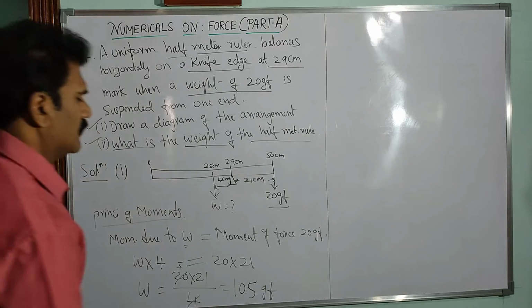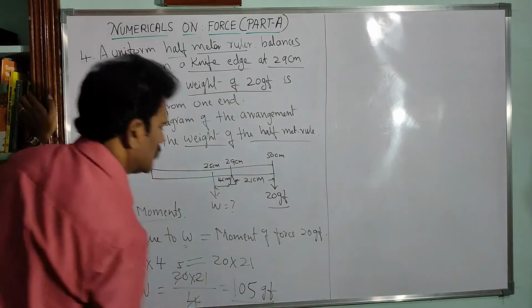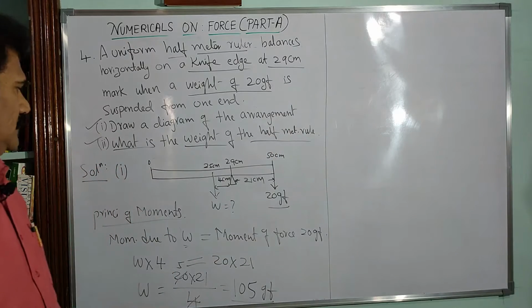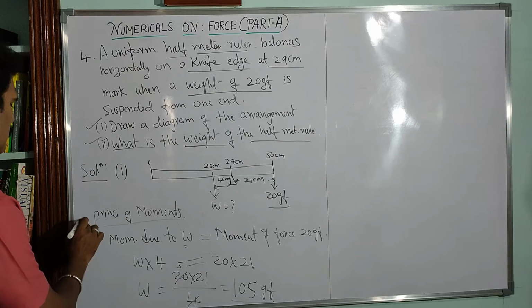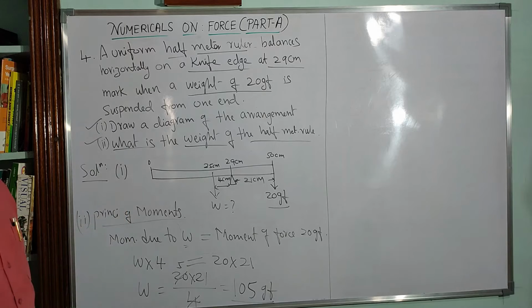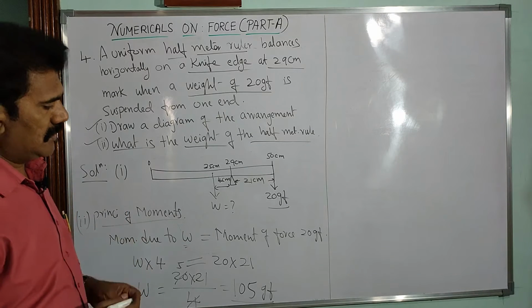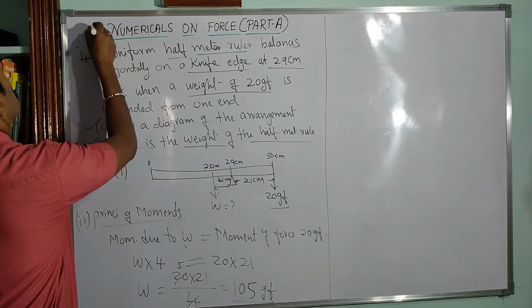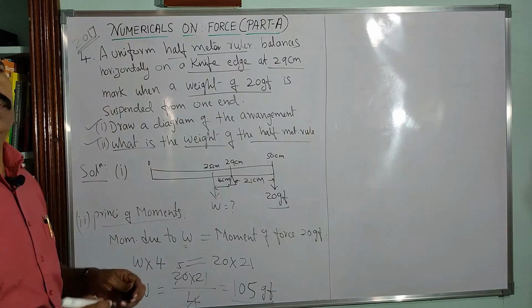So 105 gram force is the weight of the half meter rule. That's it. So this is the second part of the problem. Clear? This is the numerical problem asked in the year 2017 question paper of ICSE.